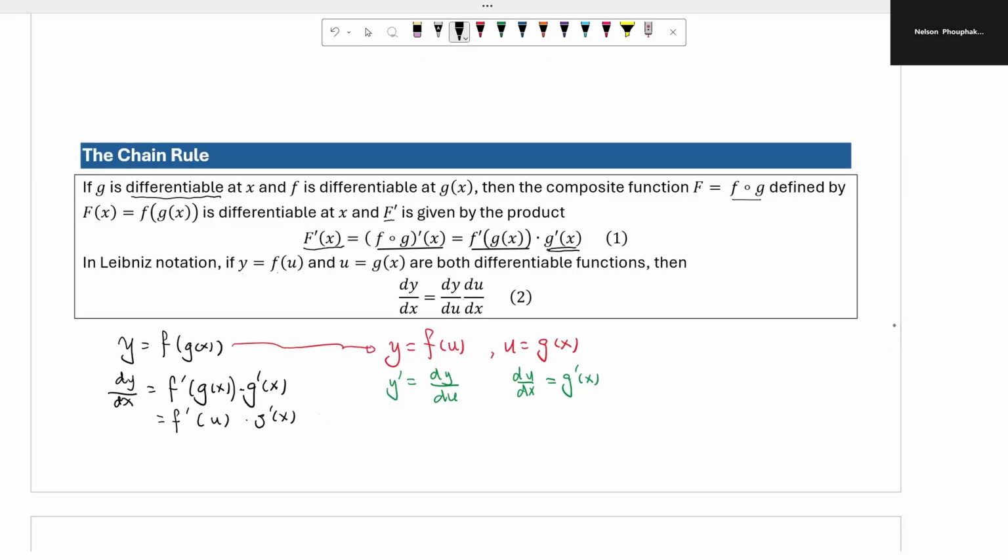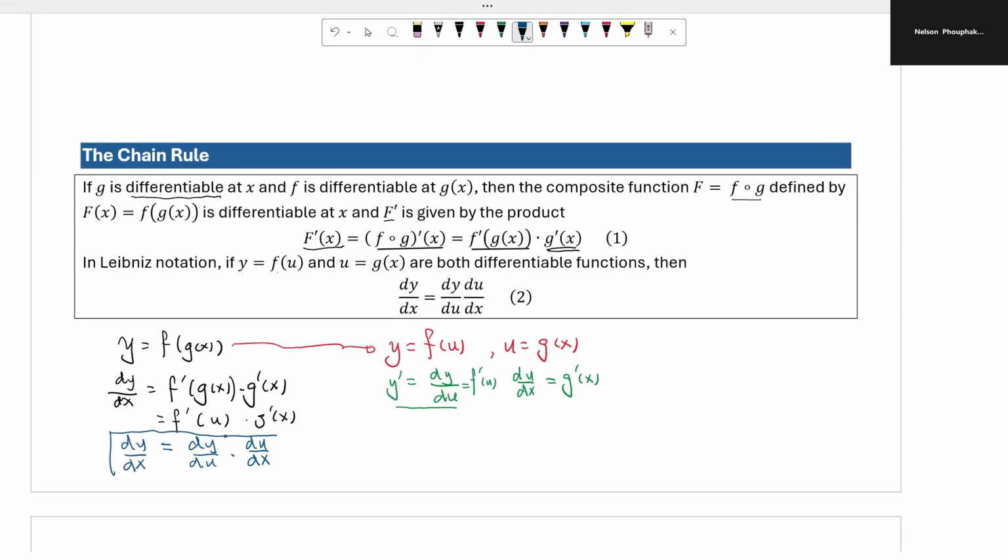Now, look back to this one. Y prime is dy/du, which is f prime of u. So in this case, f prime of u is dy/du, and g prime of x is du/dx.